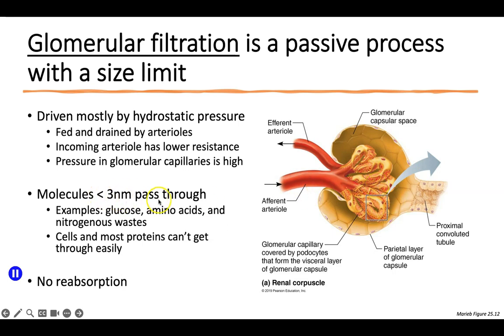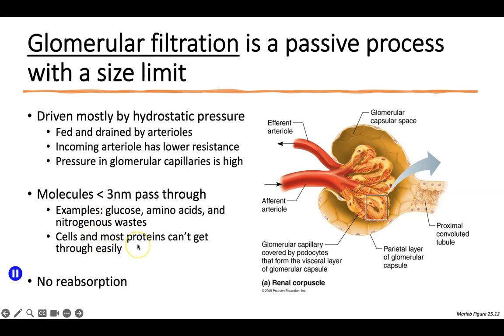Molecules less than 3 nanometers, which is very small, much smaller than a cell, are going to easily pass through this membrane into the glomerular capsule and onto the renal tubules. Examples of molecules like this are glucose, amino acids, and nitrogenous waste, so things like urea and uric acid, which easily pass into the renal filtrate.